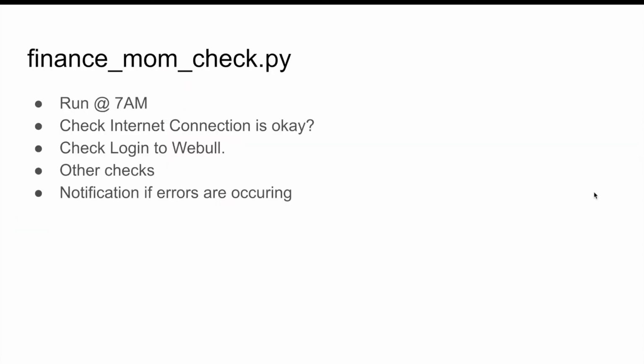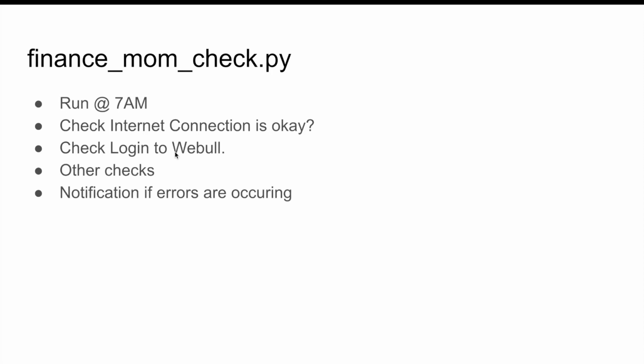So let's run a little bit into what each of these scripts does. First of all, the check script, I suggest it be run before the market opens. So we will check if the internet connection is okay, and if it's okay, then we will try to log into the Webull account. Since Webull has a get account detail or get account ID, you could check if the login is successful by getting your account detail.